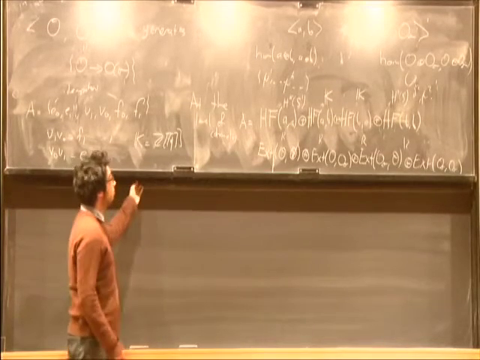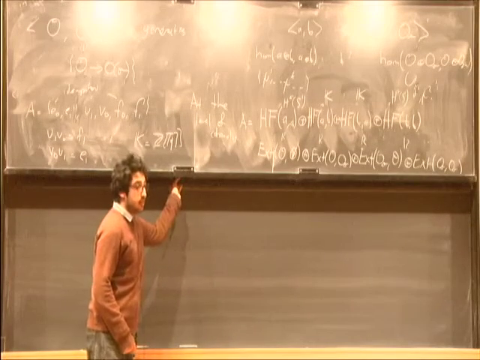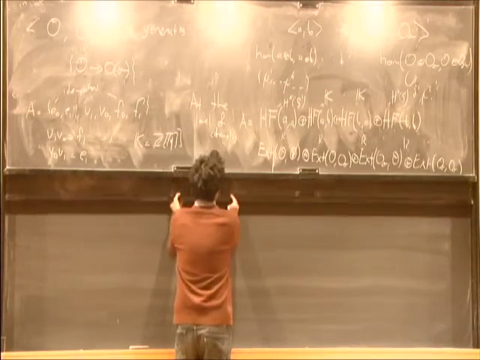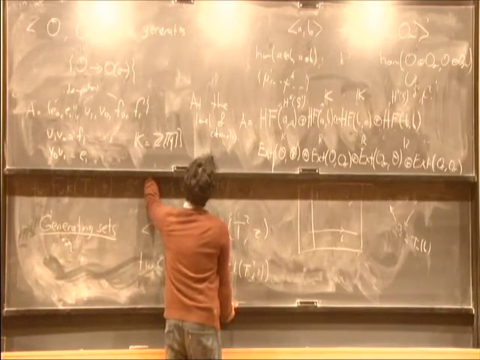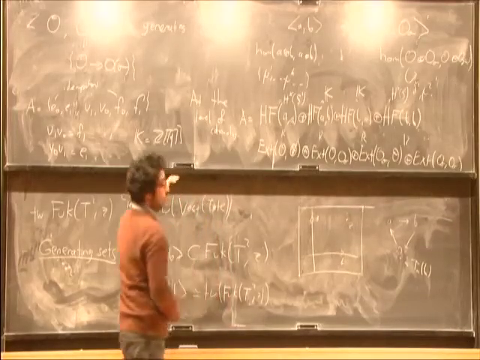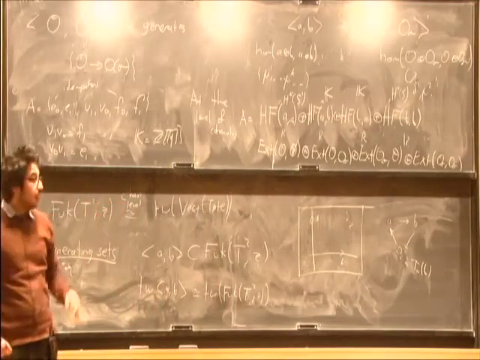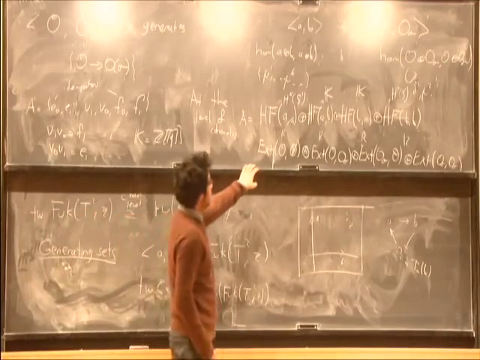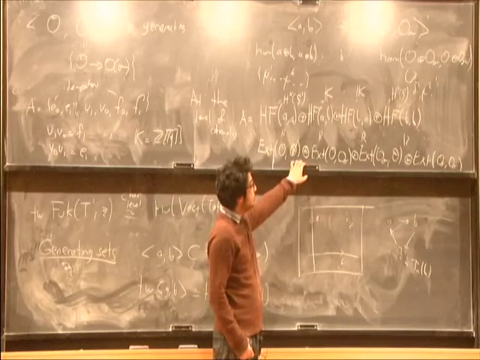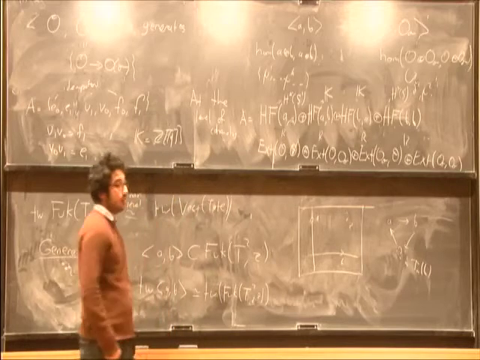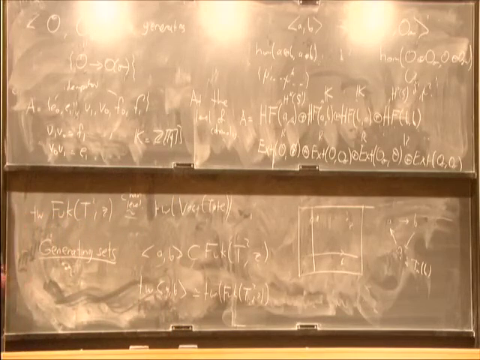So now, how to match the chain level structures? Well, here's one interesting observation at this level. In computing this Ext and the algebra structure on it, I did not use the specific form of the elliptic curve. Any elliptic curve has this algebra.